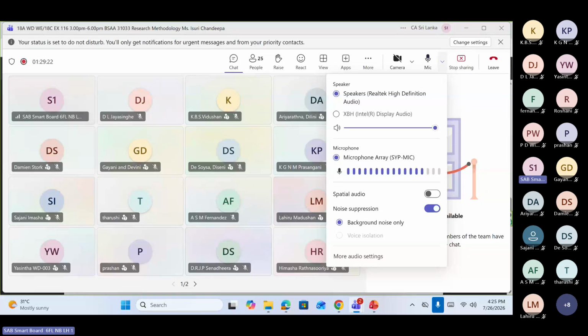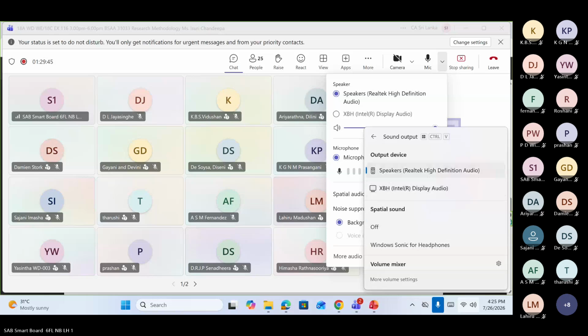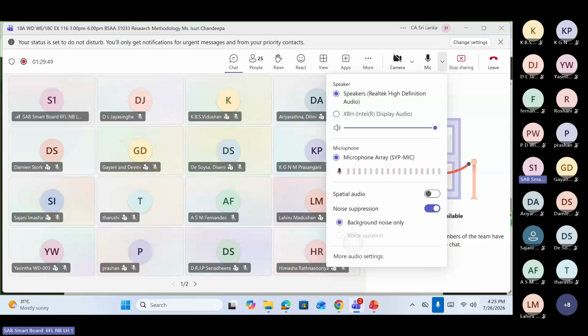No, qualitative. But you would like to do it in a quantitative way.